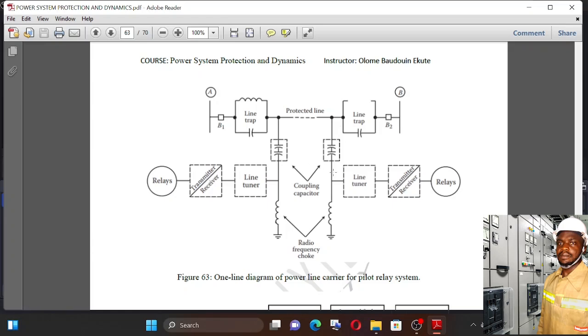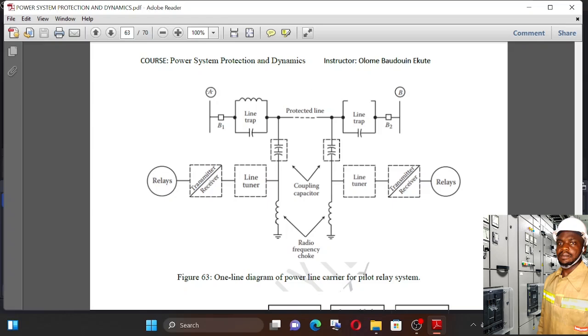Okay, so what is the function of these line traps? These line traps generally are set at the carrier frequency in such a way that they permit the protection scheme to operate only for faults within the zone or within that line. It will not operate as well for faults out of the line, for external faults. Let us put it in that manner.